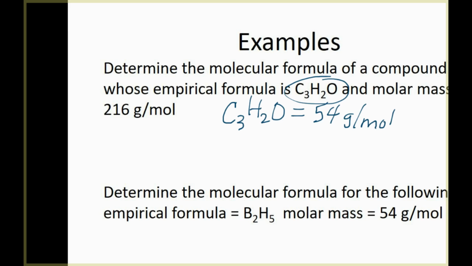It has a molar mass of 54. So I'm saying, okay, 216 divided by 54, how many times greater is that? Well, that compound has 4 times the mass.